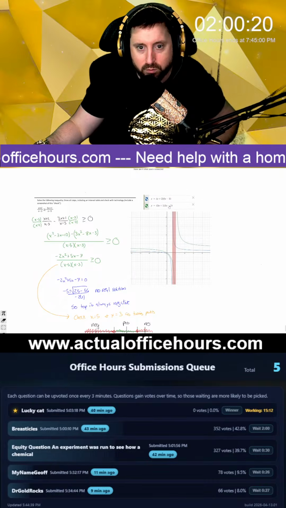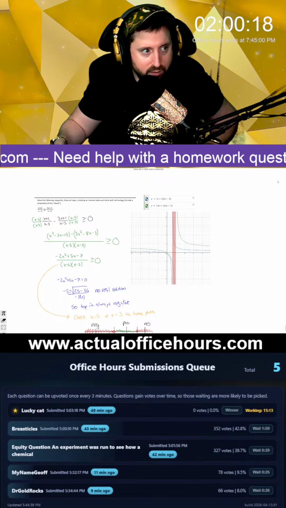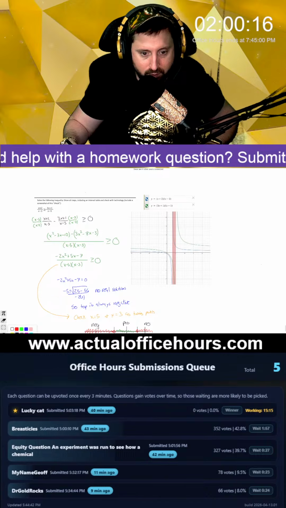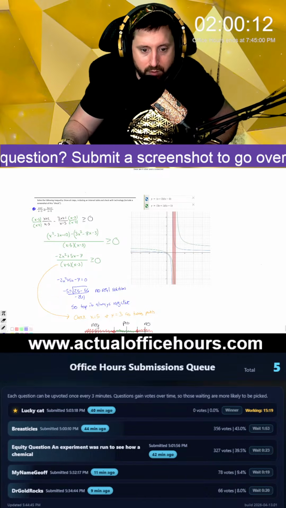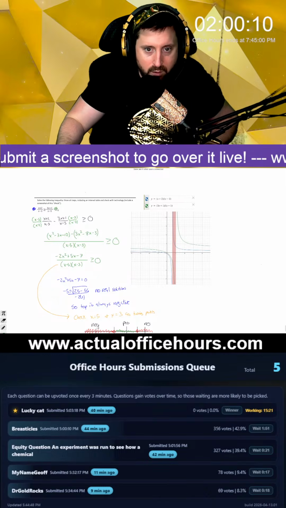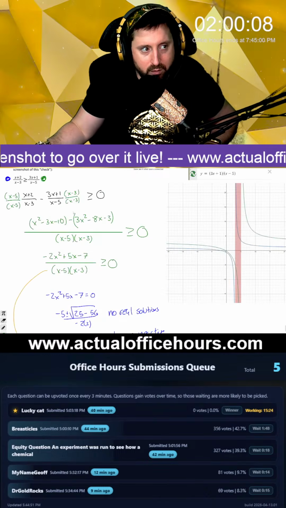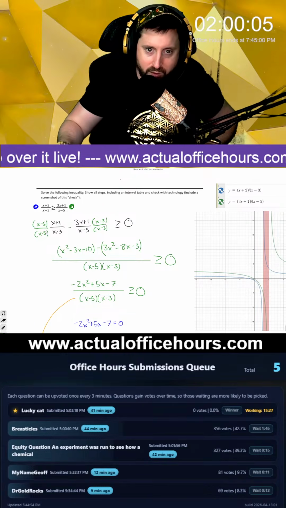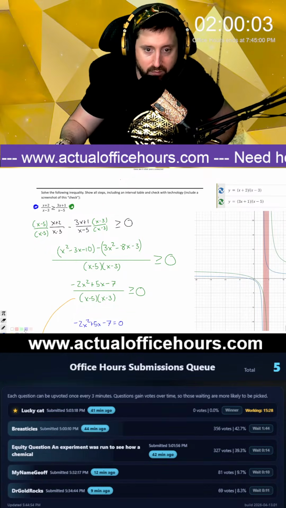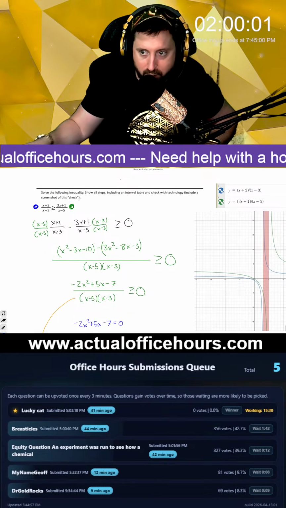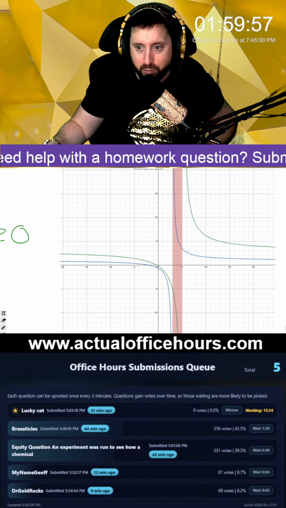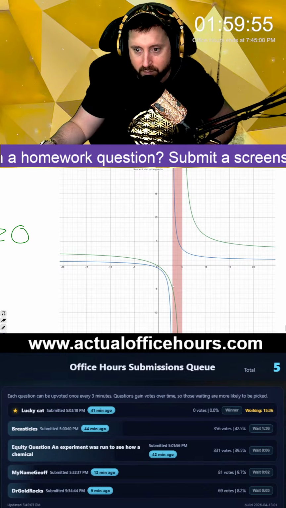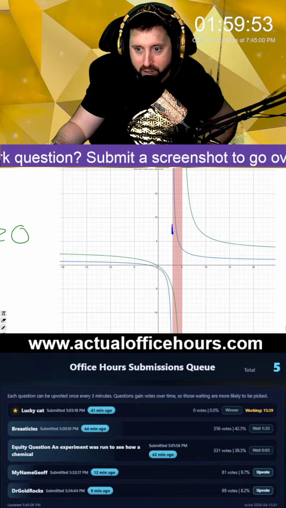Yeah, so blue in this case represents the left part of the inequality, and green represents the right. And the inequality was asking, pineapple, where is the left side greater than the right side? And what we show here is that the blue is greater than the green between 3 and 5.